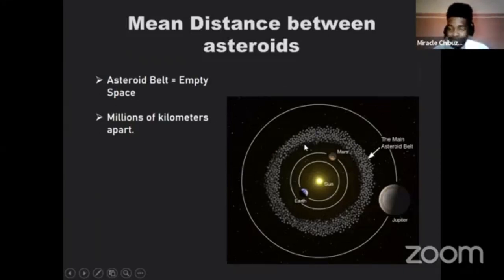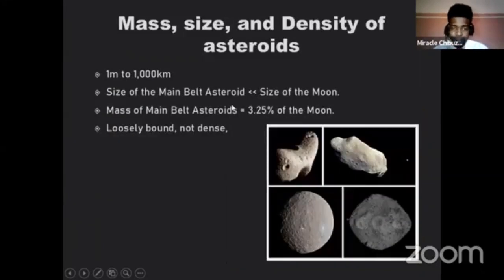Yes, asteroids are many, millions of them. But to your surprise, if you clump them together, they are not even up to the size of the moon. They are far, far, far less than the size of the moon. And like I've said before, the sizes of asteroids range from 1 meter to about 1,000 kilometers. That is the range of Ceres.